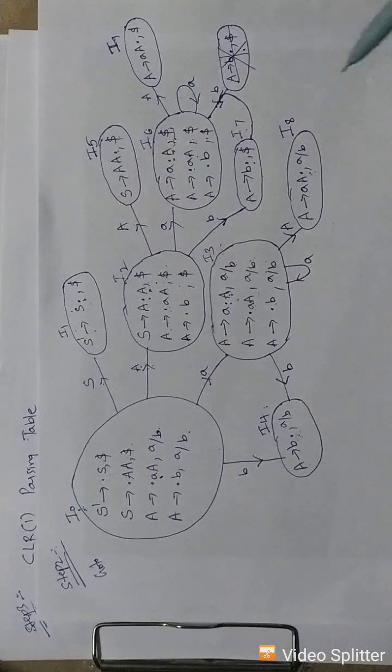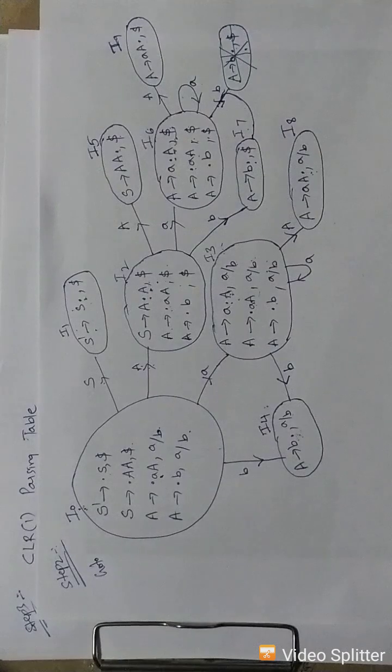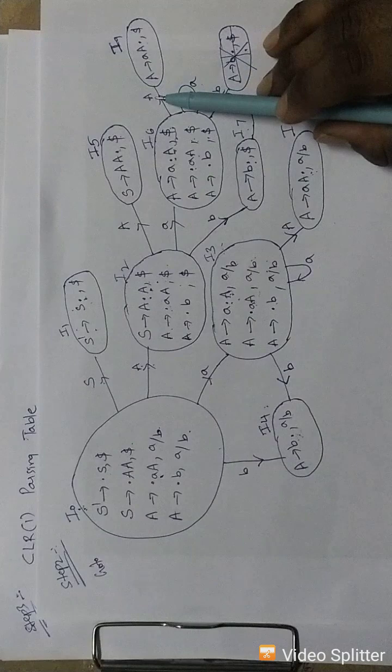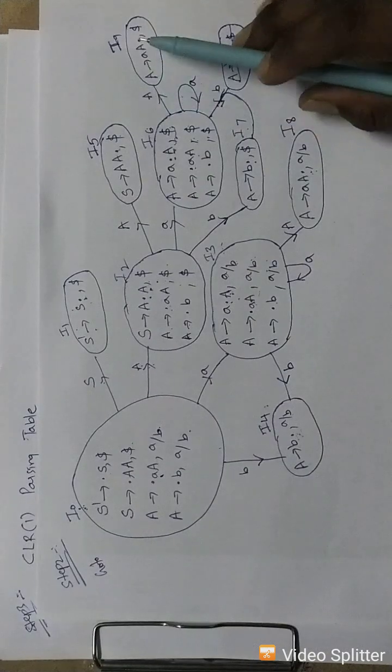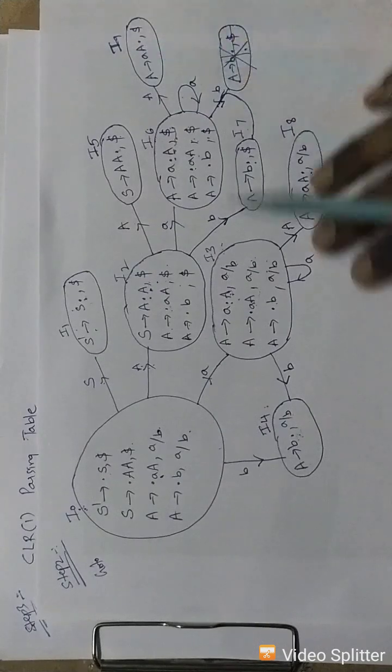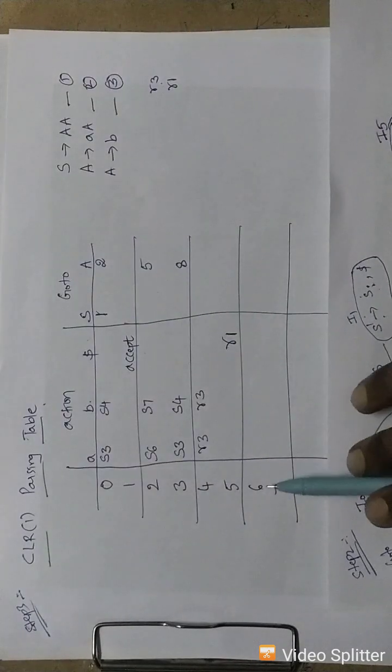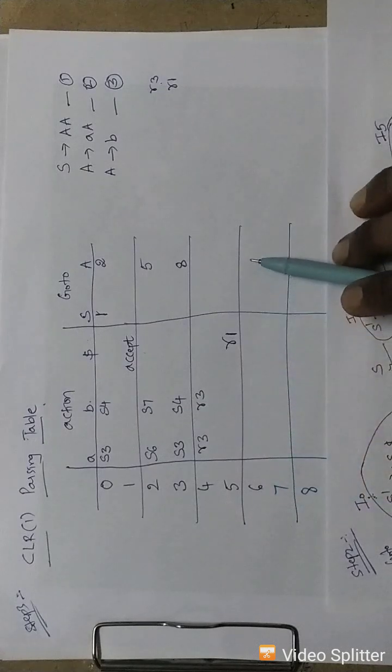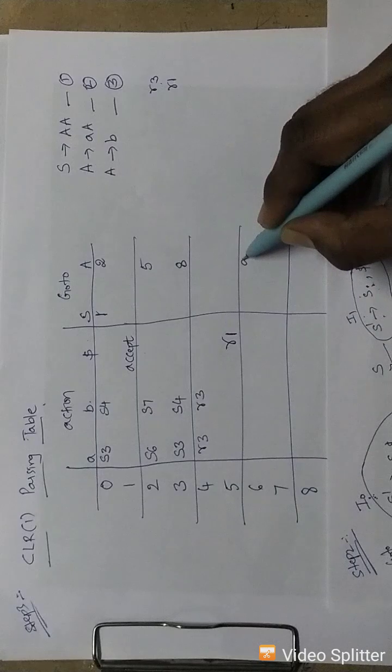Now coming to I6, again there are different edges moving out. There are 3 edges: capital A, small a and small b. A and b are terminals and capital A is a non-terminal. Upon reading the capital A, it is moving to 9, so write down for the 6th state under the A symbol, 9.